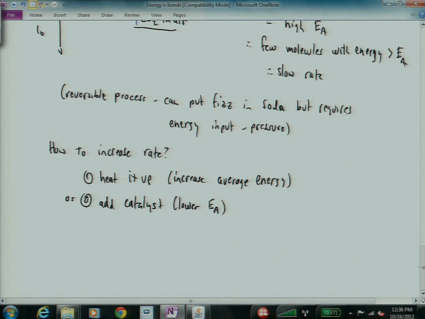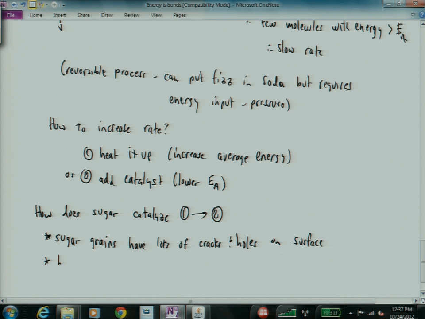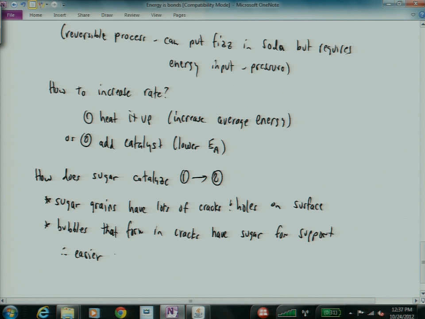Lots of nooks and crannies. And bubbles that form in the cracks have sugar for support. Therefore, it's easier to form tiny bubbles. That's the same as lower activation energy.